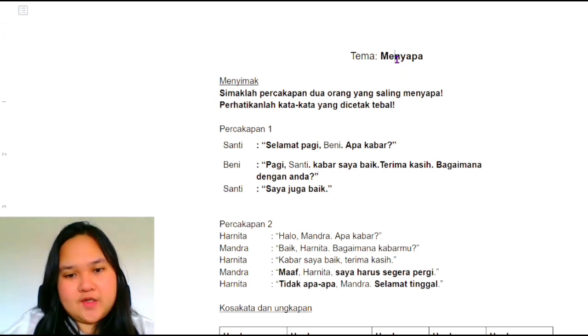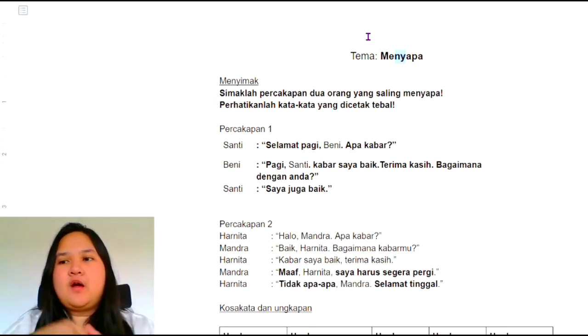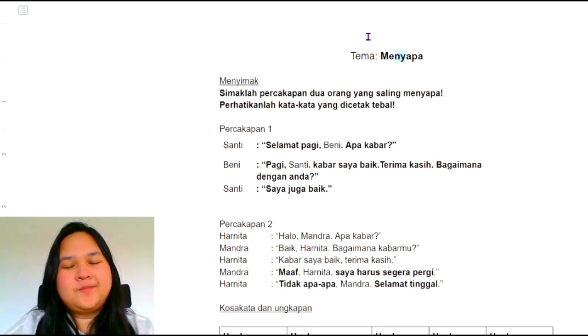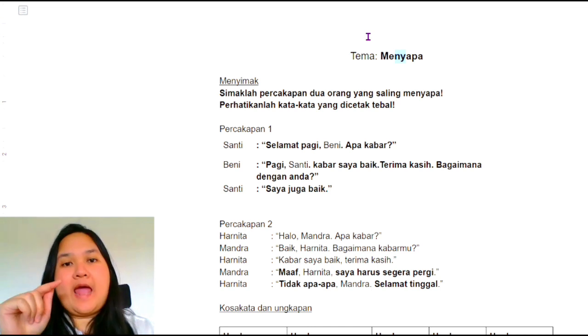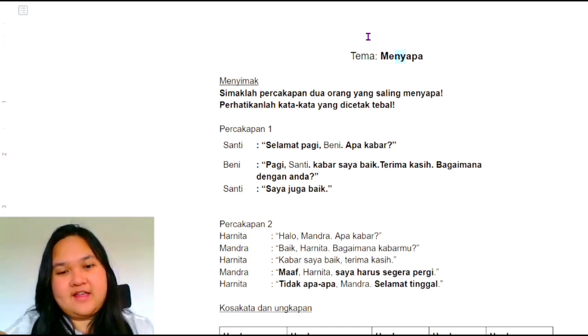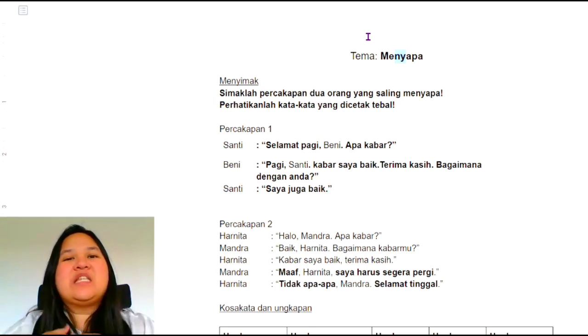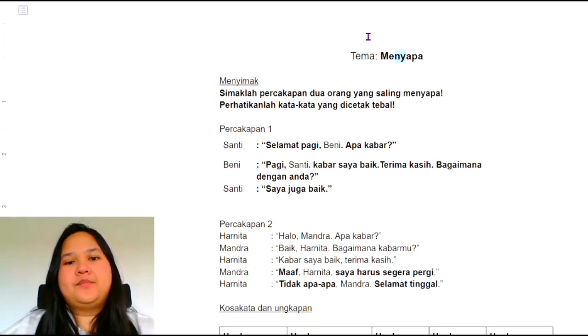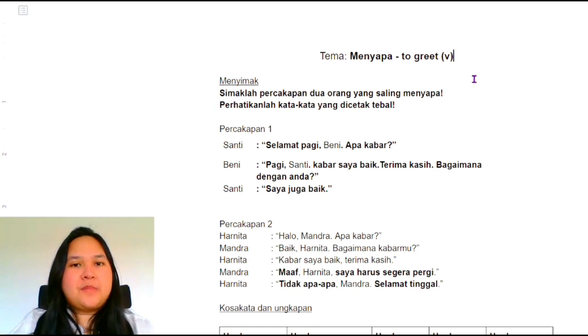So when you see there is N and Y together, if you still remember how you would spell it in Indonesian, yeah, correct. So it's N, Y. N with Y, it will sound nya. Menyapa. Menyapa means greet, to greet. So it's a verb, to greet. Menyapa.